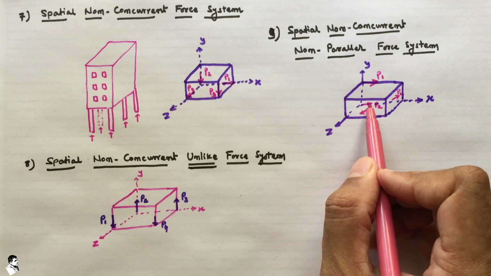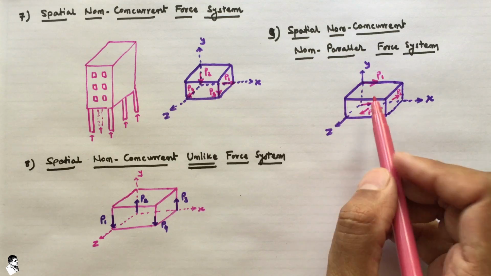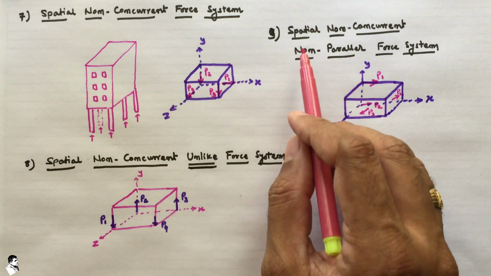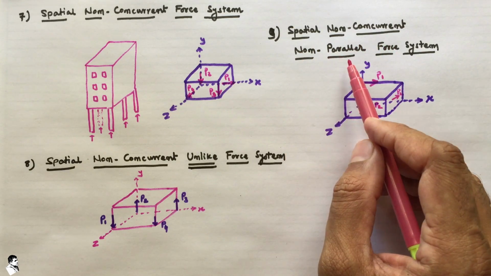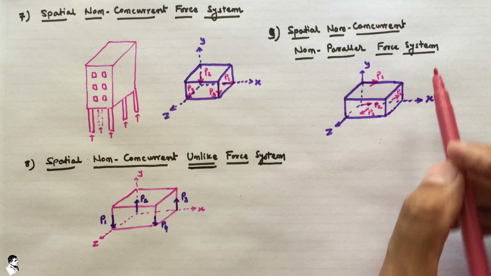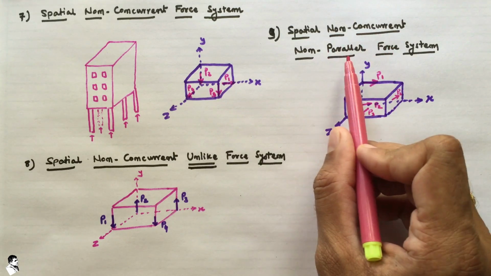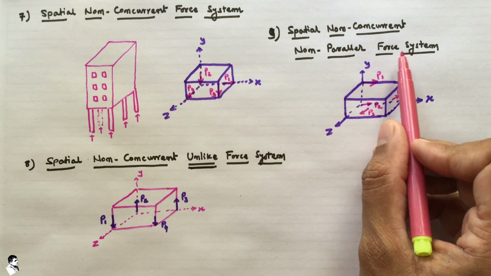And non-parallel, right? So they are not maintaining the same distance. That's why it is non-parallel. So this is the example of spatial non-concurrent non-parallel force system.